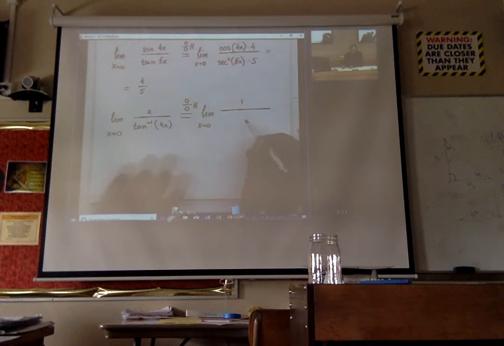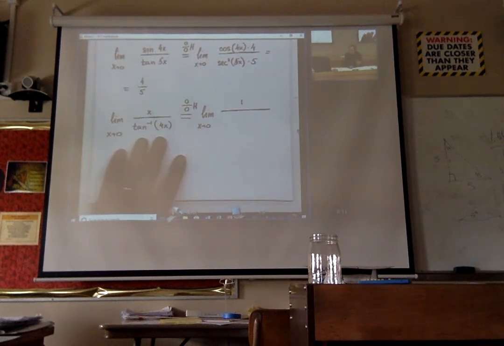Okay, so take the derivative of this one. Do you remember the derivative of inverse tangent? Okay, yes, but in the book it says 1 plus x squared. It's the same.